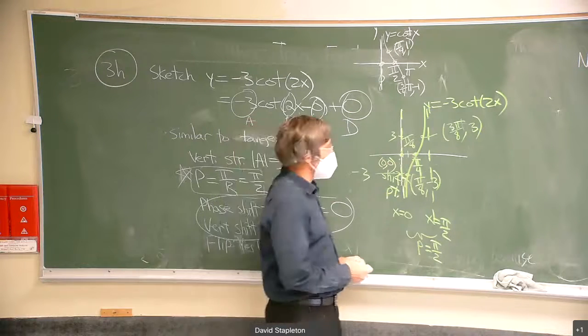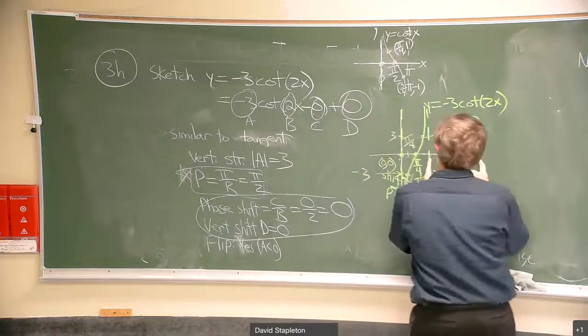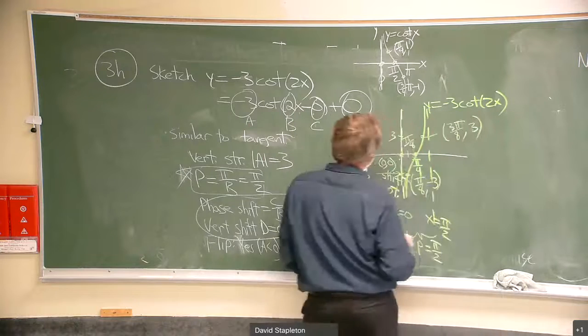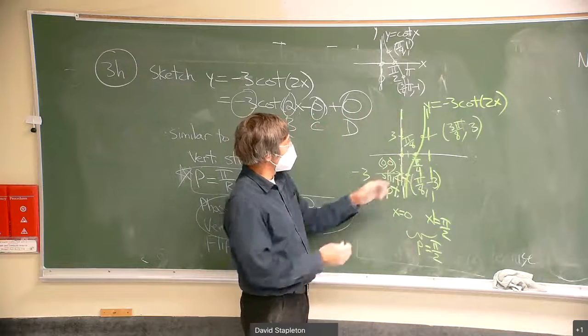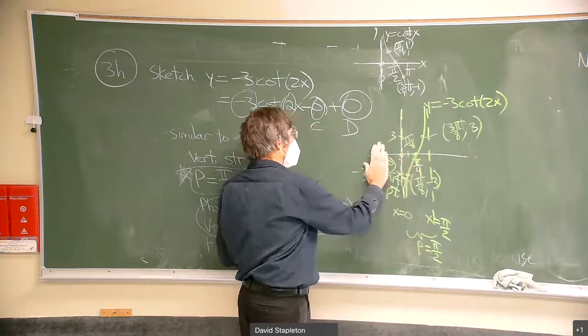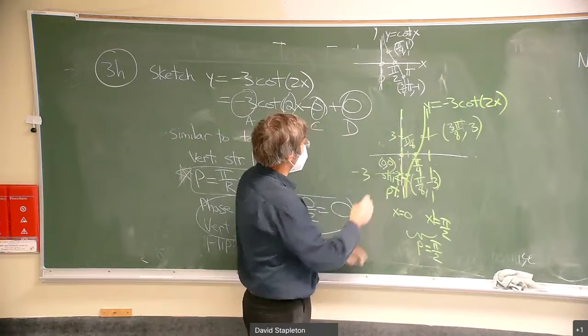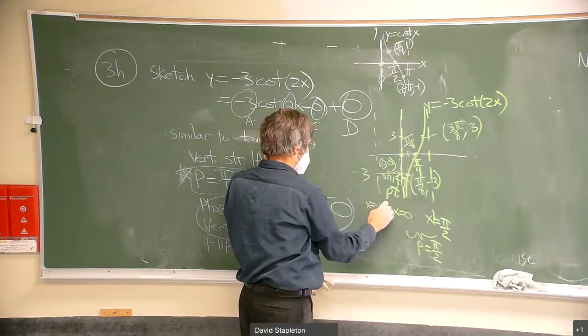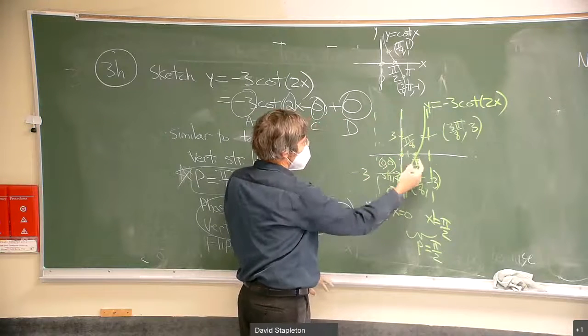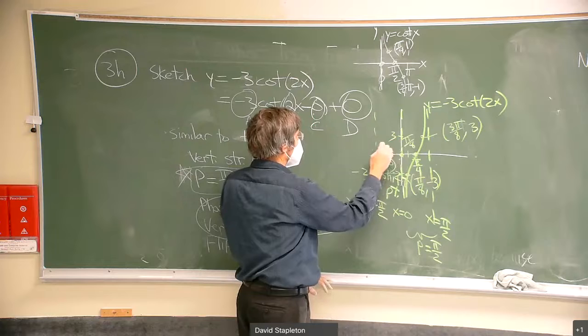Again, the homework will say, sketch 2 periods. So you can sketch another period to the right, another period to the left, whichever seems easier to you. I think it's easiest to go a period to the left, right? You just take this and flip it over like this, and the asymptote at pi over 2 becomes an asymptote at minus pi over 2. The crossing point here at pi over 4 becomes minus pi over 4.